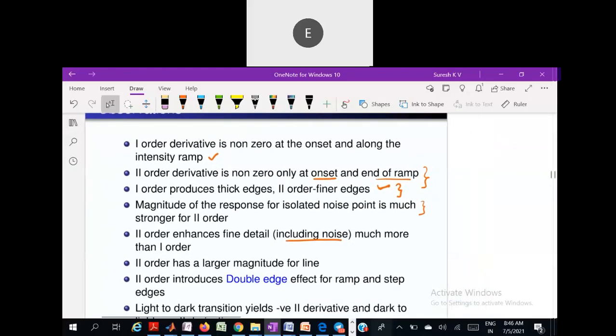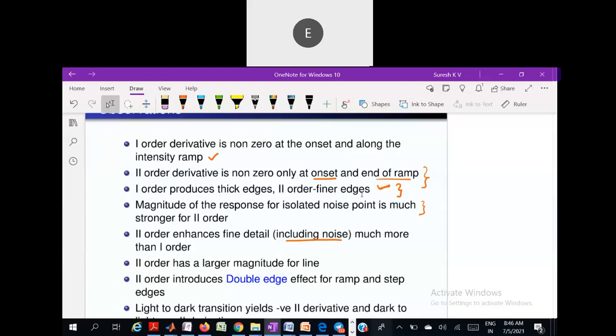Even though there is a disadvantage, the sensitivity to noise, normally what they do is first pre-filter the image. That means they first remove the noise and then apply the second order derivative because of this advantage. It produces finer edges, which is very important whenever you are detecting objects, particularly when you are using segmentation for medical imaging.